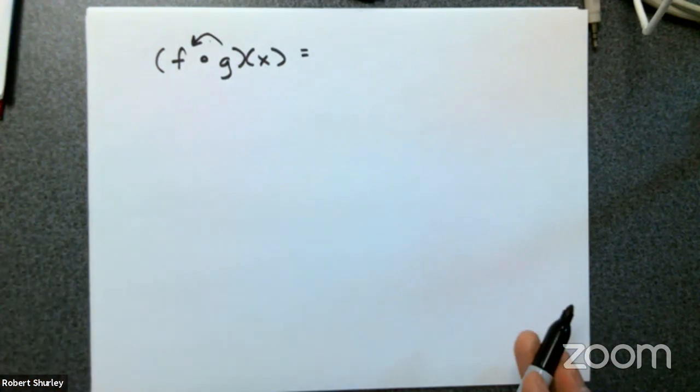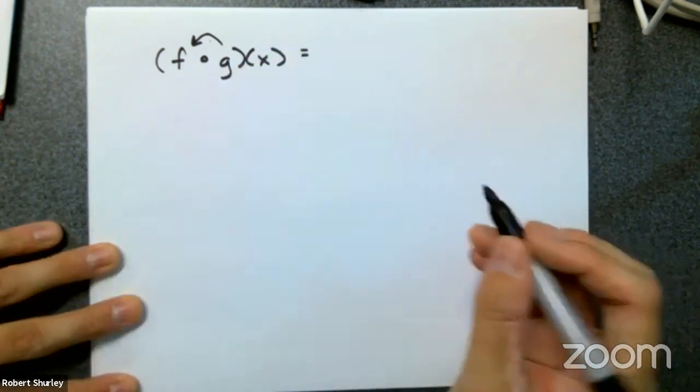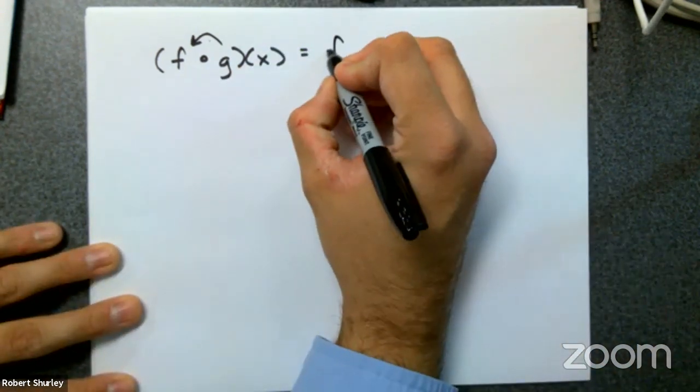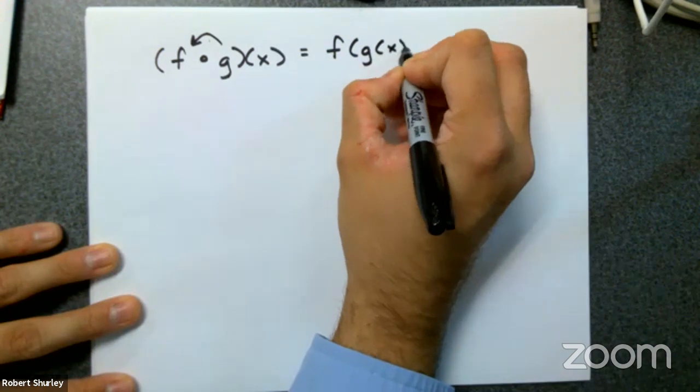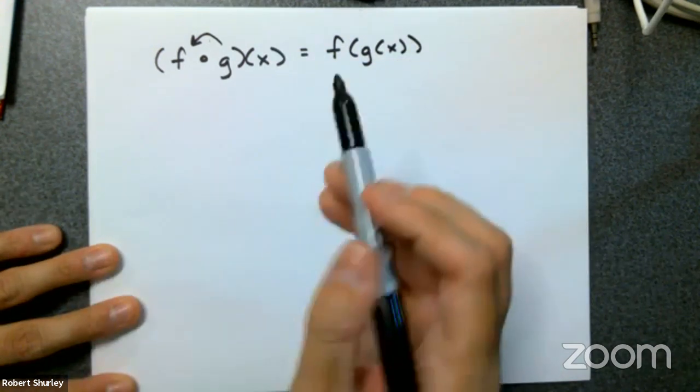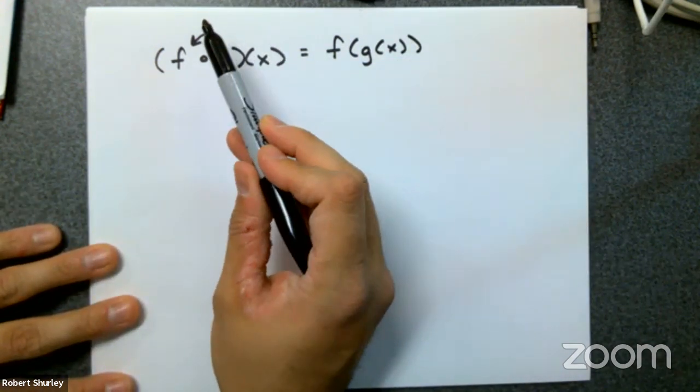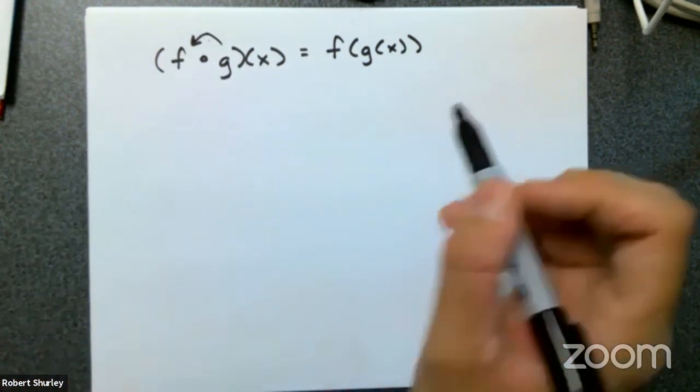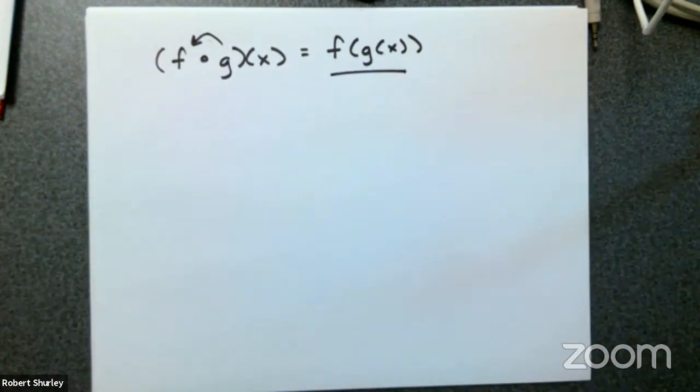So it's not multiplying. It's not where you take F times G. It would actually be written like this, F composed of G. You're taking the G function and putting it into the F function, and it creates an entirely new function, okay? It creates an entirely new function.